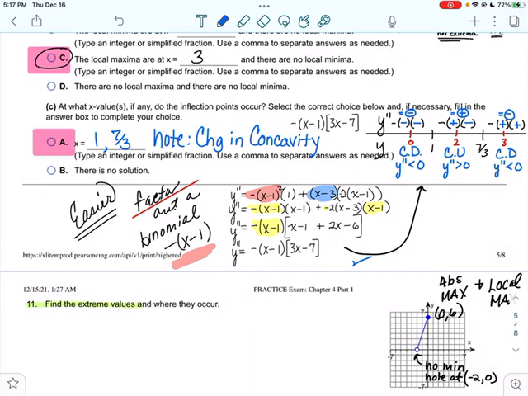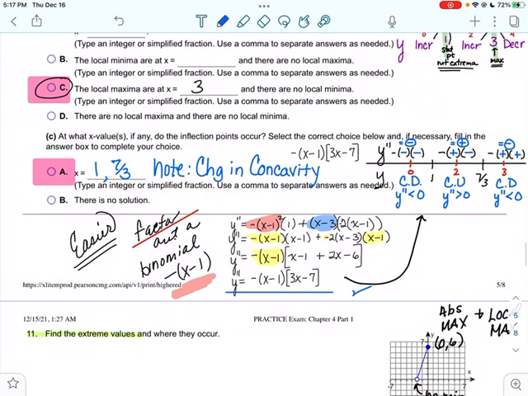You can see that the remaining factors turn out to be x minus 1 from the first grouping, and then from 2x, I'm going to factor a positive 2, so 2x minus 6 would be left, which simplifies to give the second derivative here at negative the quantity x minus 1 times the quantity 3x minus 7. So that's what I'm going to test, and you can see that I put that up here.